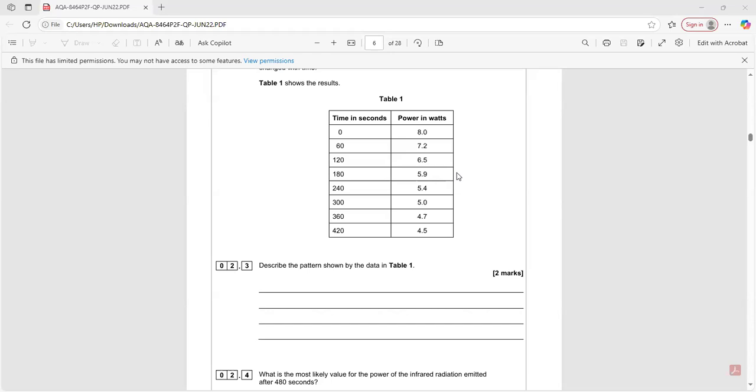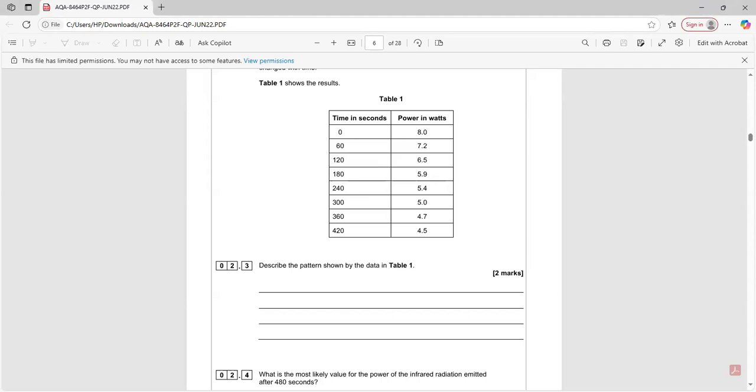Okay, so let's see. 60 divided by 7.2 is equal to what? 8.33333. The next one, 120 divided by 6.5.